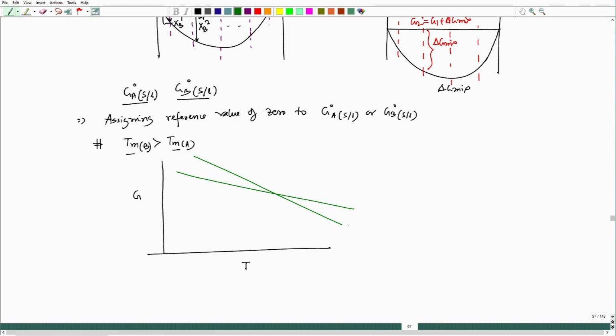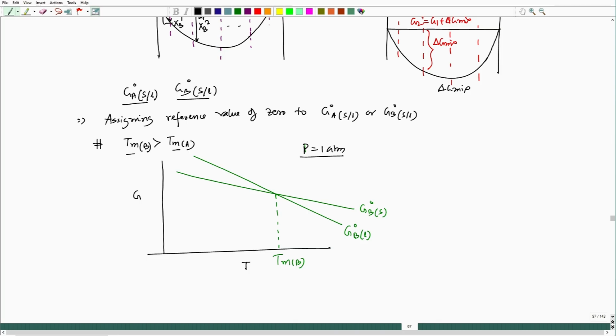This is the temperature corresponding to T_mB, and here this is G_B^0 liquid and this is G_B^0 solid, because pressure is considered as 1 atmosphere.